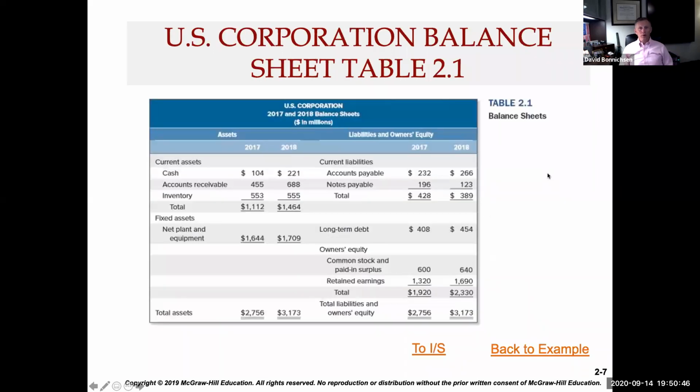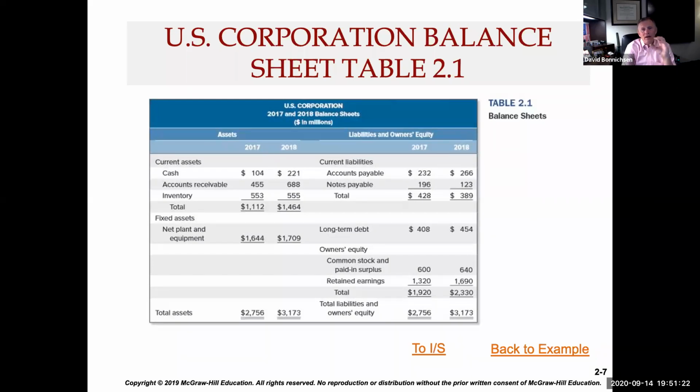Okay. So when we take a look at this U.S. corporation balance sheet, we can see how things are organized. I would encourage all of you, and we're going to get into Excel here in a minute, to go ahead and set up an Excel file that has exactly what's listed here, with the addition of a couple of things that I'll show you when we get to Excel to make your life a little bit easier.